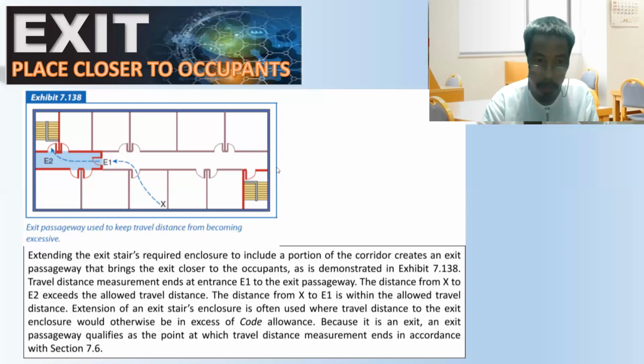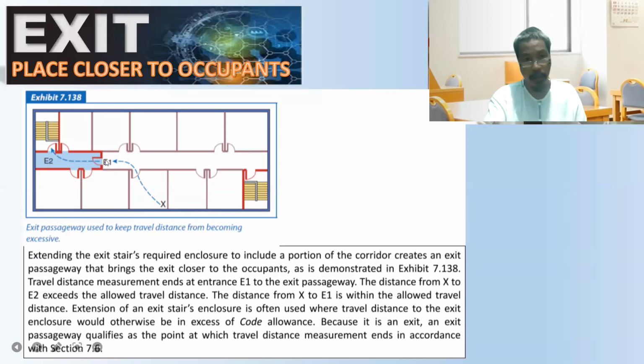So from position X, this is the remotest point inside this particular room, going outside to the common path of travel, to this passageway, to this point, okay, would be shorter if compared to the same starting point going to E2.